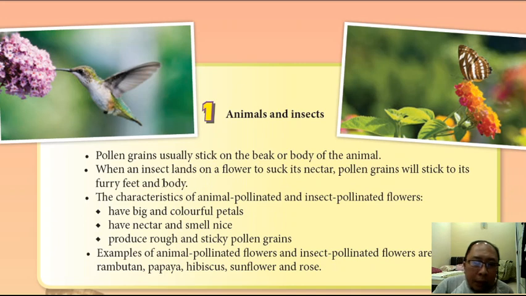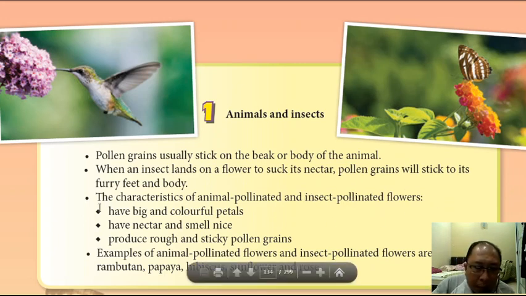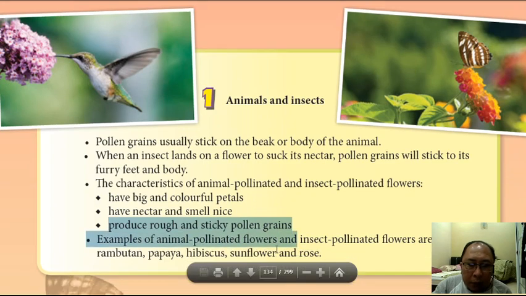insect. For example, the characteristics of animal pollinated and insect pollinated flowers are that they have big and colorful petals, have nectar and smell nice, and also produce rough and sticky pollen grain.